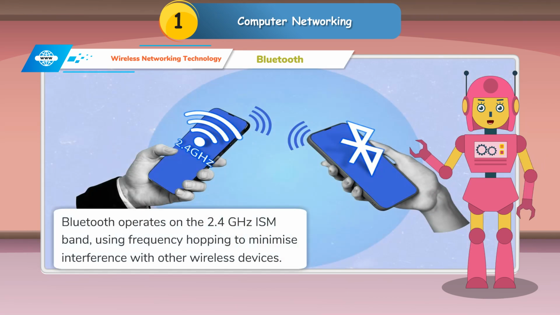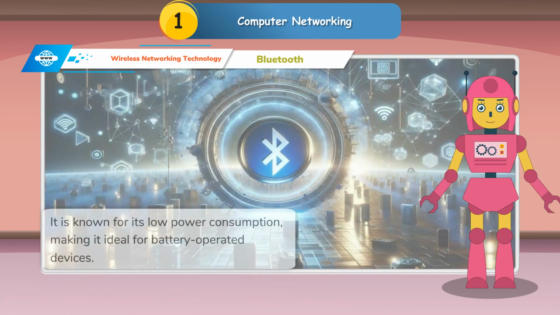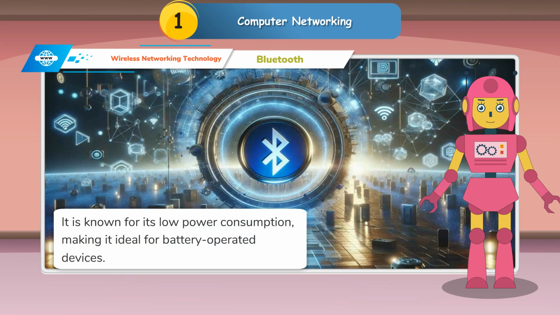Bluetooth operates on the 2.4 GHz ISM band, using frequency hopping to minimize interference with other wireless devices. It is known for its low power consumption, making it ideal for battery-operated devices.